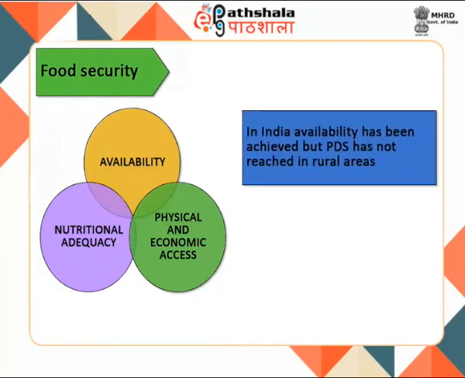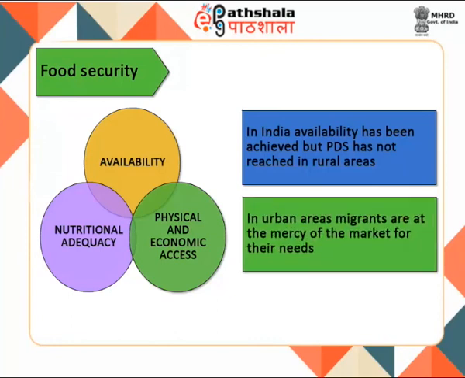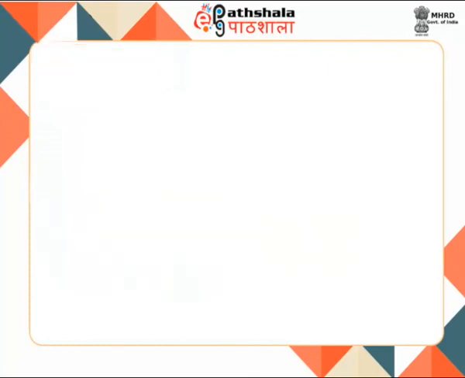In India, availability has been achieved, but PDS has not reached rural areas. Even in urban areas, the resident BPL population avails of the subsidy, but the migrants living in slums with no security net are at the mercy of the market for their needs.